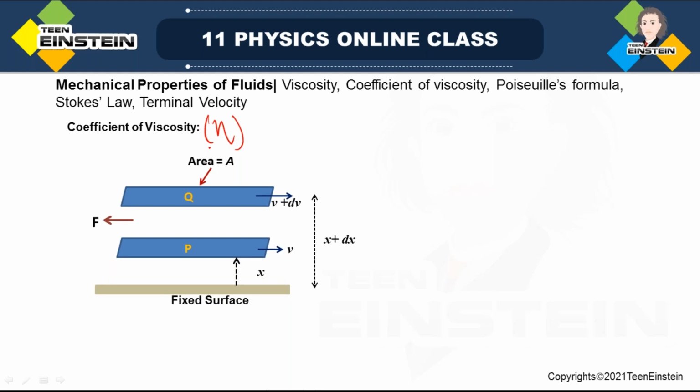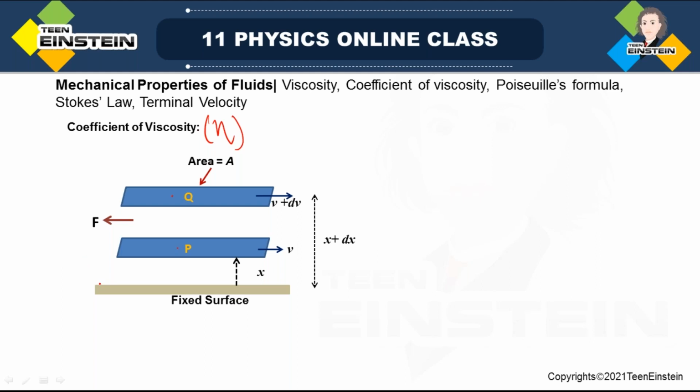To calculate the coefficient of viscosity, let us suppose a liquid is flowing in this direction. As you see, the liquid is flowing in different layers. Now I am taking two representative layers out of all the layers. One layer is Q, another one is P.